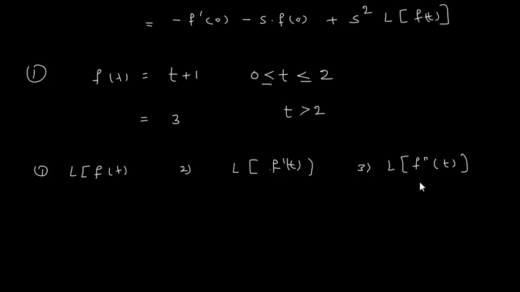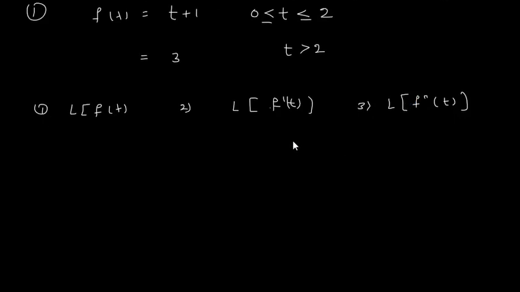So first, let us find out Laplace of f of t. By formula it is the integral from 0 to infinity of e raised to minus st into f of t dt. Now I have two different values of the function. One is for 0 to 2 and the other is for 2 to infinity.